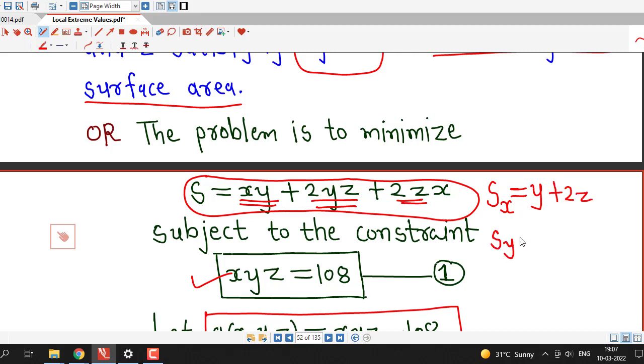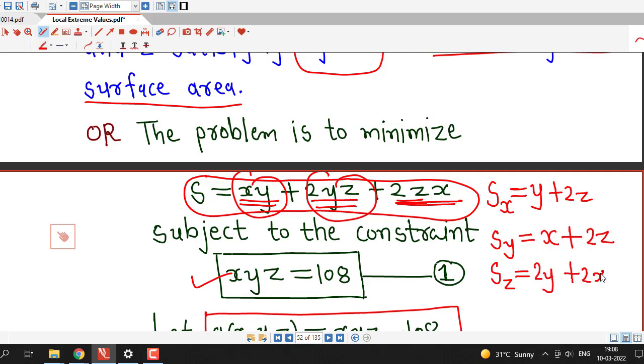Then del s by del y: the derivative of xy with respect to x is y, with respect to y is x, plus the derivative of 2yz with respect to y is 2z, and the derivative of this term is 0. Del s by del z is 2y plus 2x.